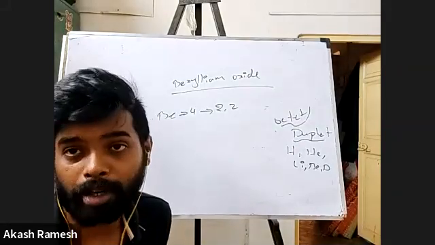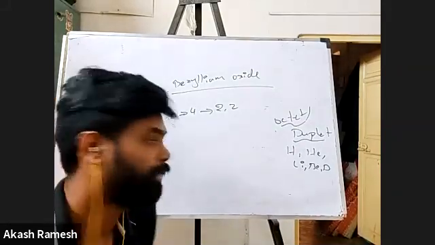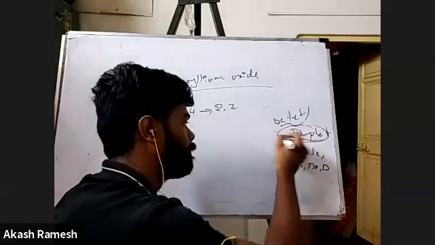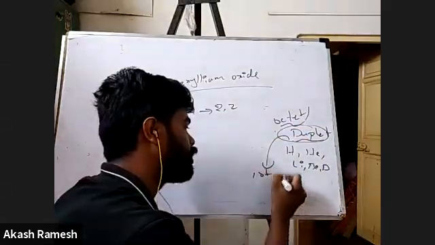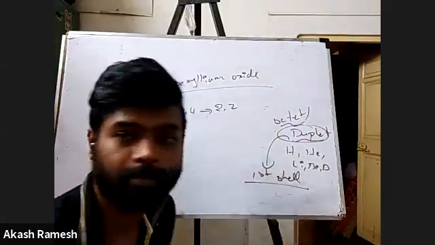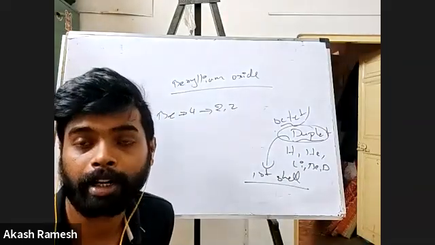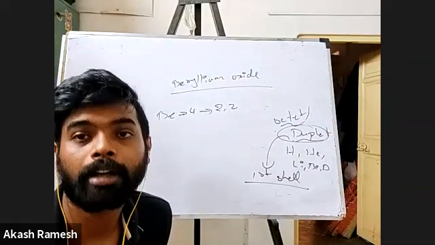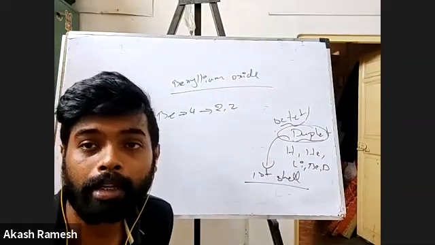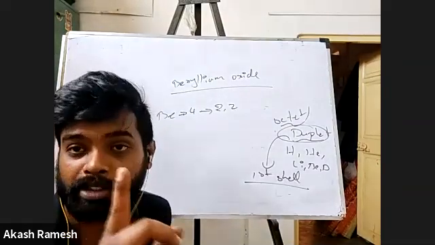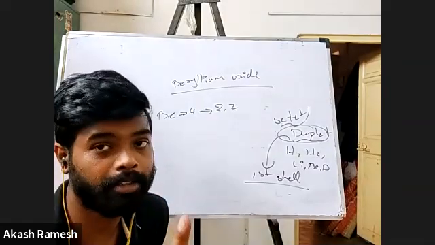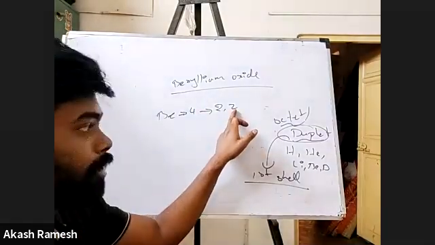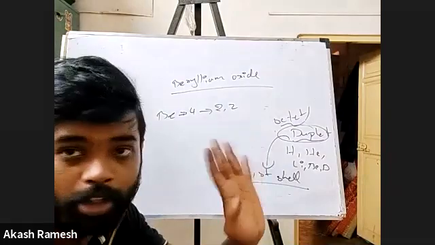But what you have to understand, people, is that the duplet will work only for the first shell. Please remember this. The duplet can be there only in the first shell. If you see 2 electrons in the second shell, that is not duplet.